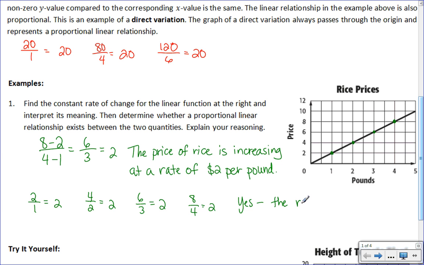And the reasoning is because the ratio of price to pounds is the same for all pairs of values.